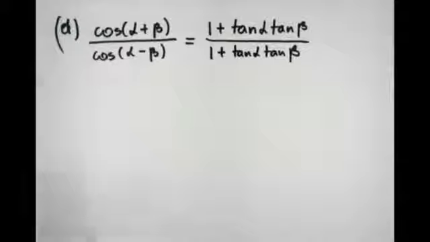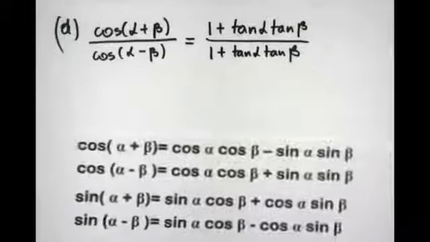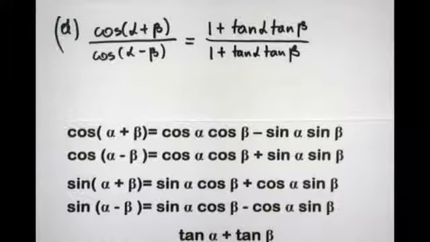Never ever think of cancelling cos and cos, because that's one function, it's a function f of x. So we don't need to remember these formulas, but we need to be able to use them.